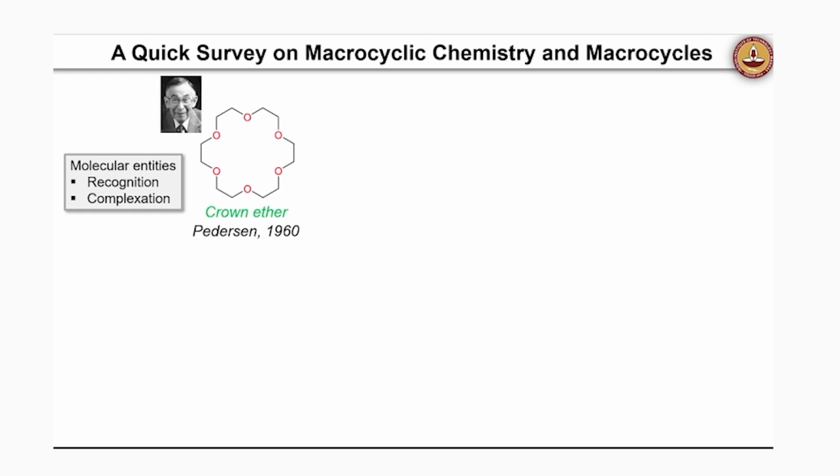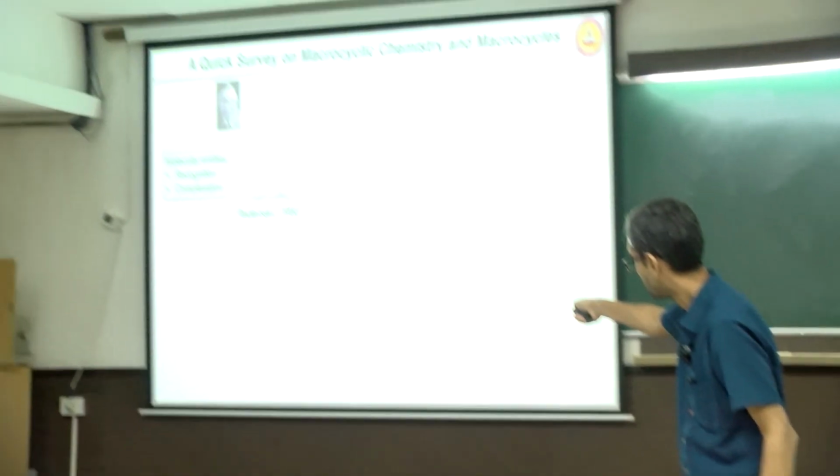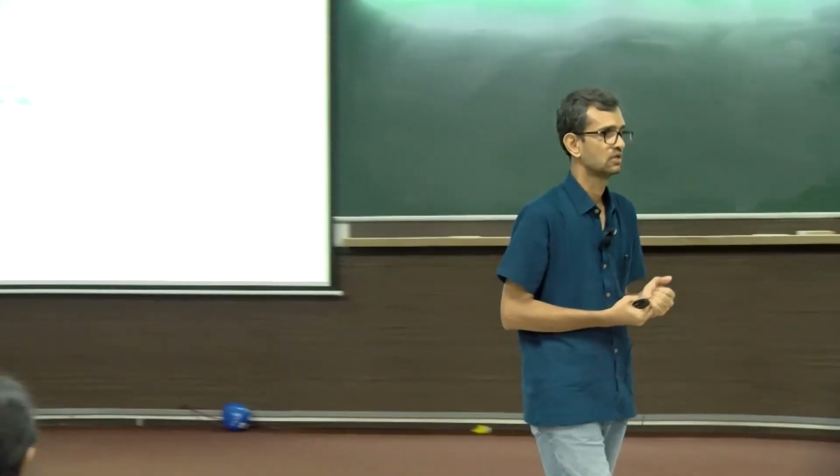Yeah. So you take this macrocycle, let's say you add a potassium salt to it, KCl for example, and it will capture only the K+ ions. One K+ ion sits between all these oxygens.